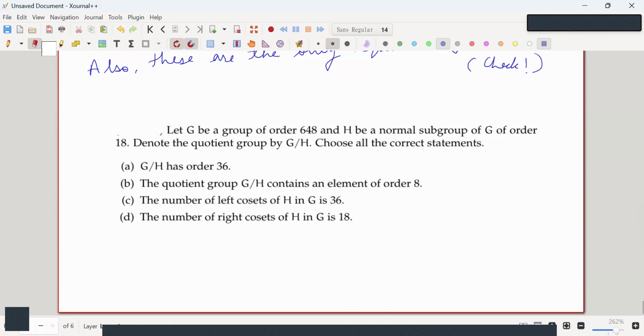Let G be a group of order 648 and H be a normal subgroup of G of order 18. Then one needs to choose the correct statements.